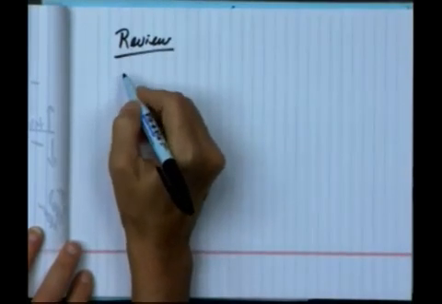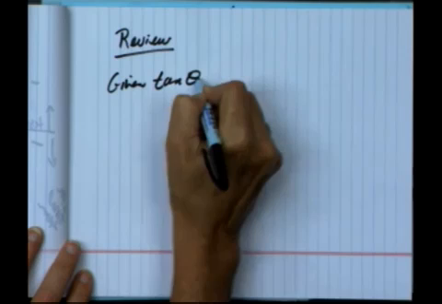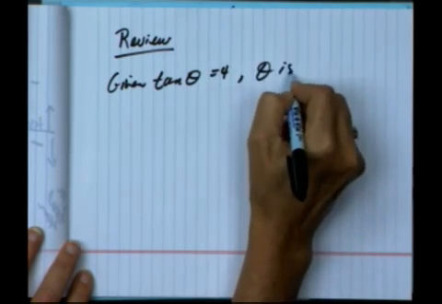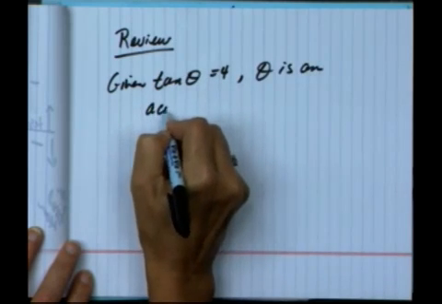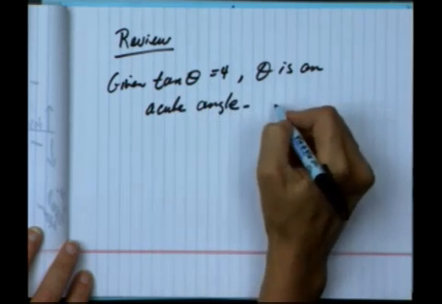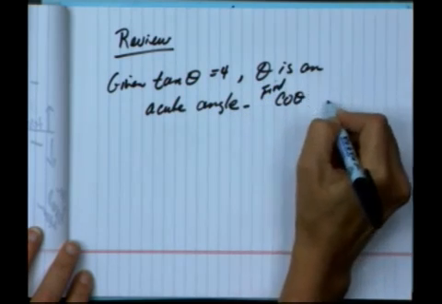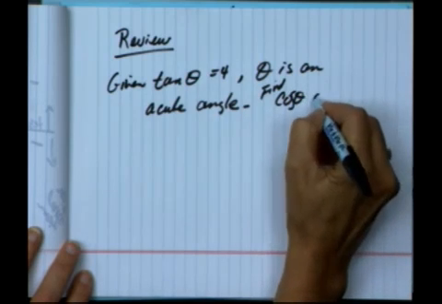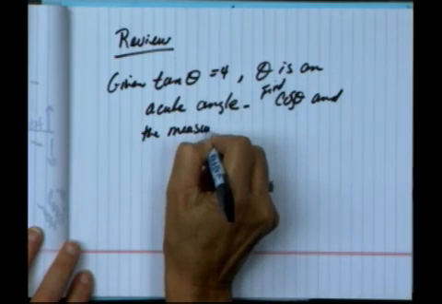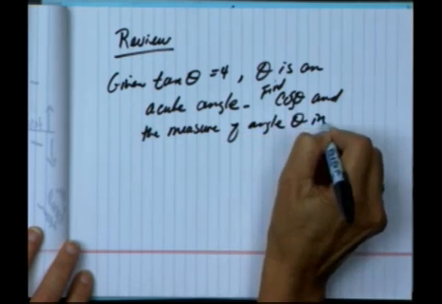Suppose that I tell you that you're given the tangent of theta equals 4, and theta is an acute angle. And you're asked to find the cosine of theta, and the measure of angle theta in degrees.